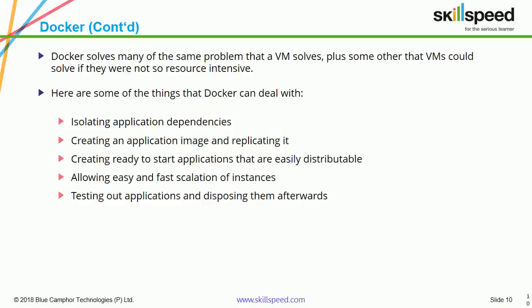Why Docker became so popular is because it solves many of the same problems that a virtual machine solves, plus some of the other problems which virtual machines could not solve. So let's take a look at what all those things are. Here are some of the value additions Docker gives you.